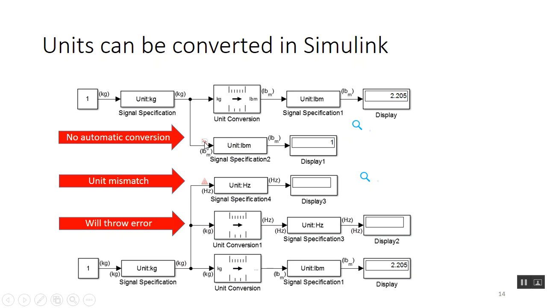So this gives us a warning, some feedback to say that this isn't working the way you think it is. It's not converting kilograms into pound mass in the conventional sense. It's just converting that unit that's appended at the end. So it's changing the spec, but it's telling you that it's not doing it right. Okay. So this is straightforward, and I'm not going to say any more about it if you don't have any more questions. You good? Okay.